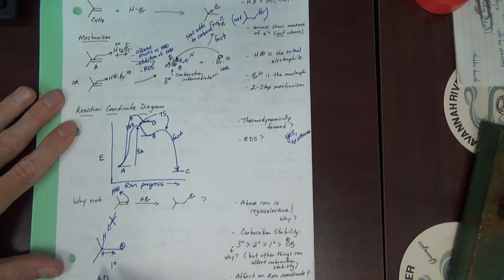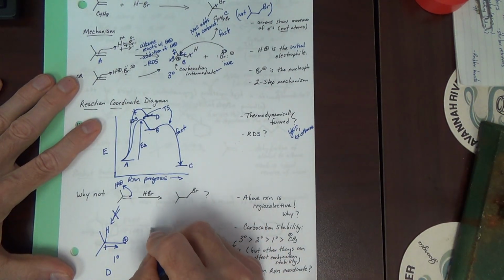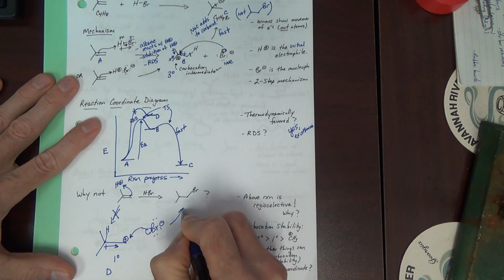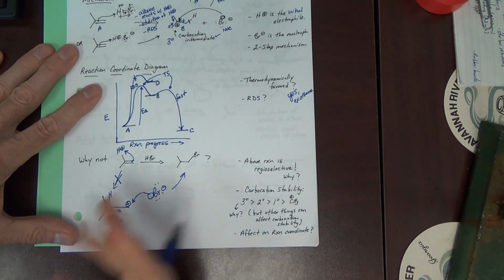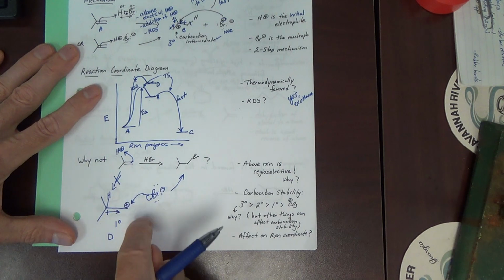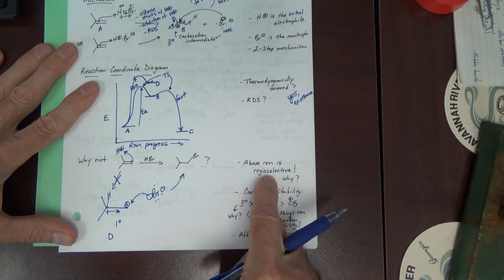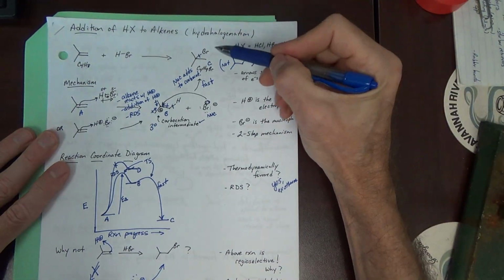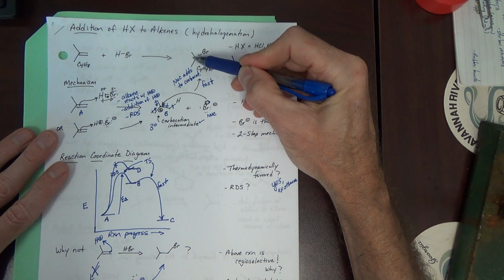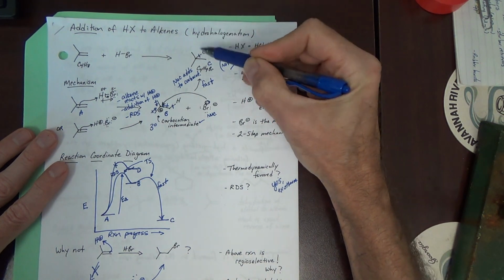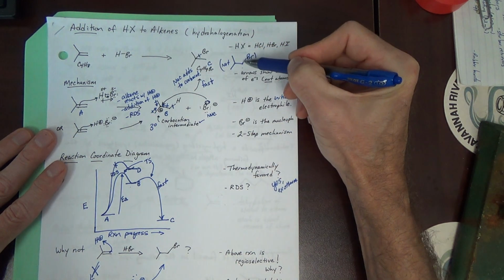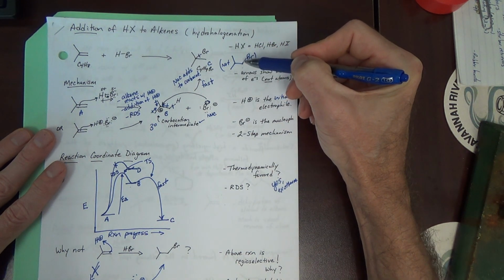And so if it did proceed this way, we can envision the Br minus then attacking here, these electrons, and that would give that product. But that does not happen. That is not the way the reaction proceeds. This reaction is regioselective. What does that mean? The bromine ends up on this carbon, not this carbon. Broaden that out, the bromine ends up on this region of the molecule, not this region of the molecule.